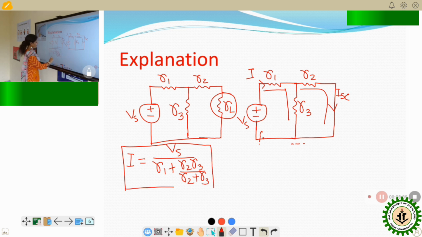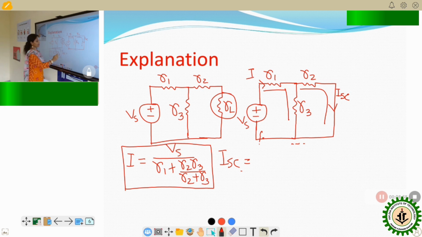After calculating total current, calculate how much current is flowing through that particular short-circuited part. That will be ISC. Here the current divider rule is applicable. What is the current divider rule?